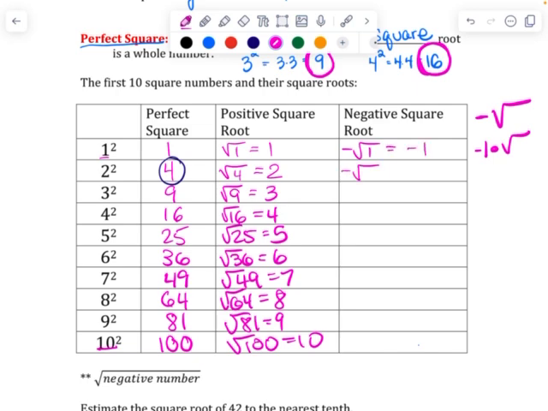The opposite of the square root of 4 is really negative 2. The opposite of the square root of 9 is negative 3. Again, hit pause, go ahead, use your calculator, and come back with the rest of the column. Hopefully you had some time to do that and you get the following.